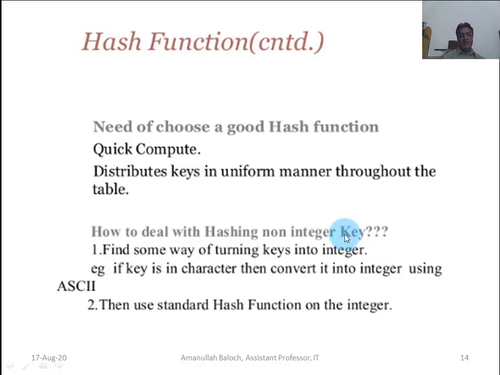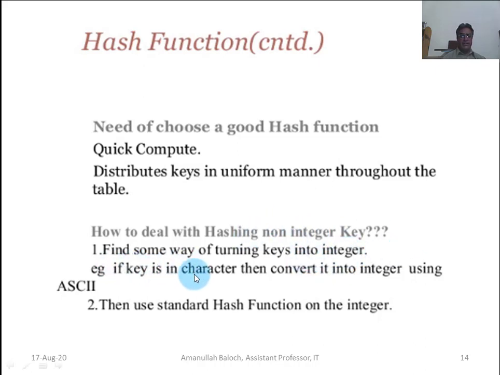Alphanumeric or alphabetic keys are called non-integer keys. We need to find some way of turning keys into integers. There is a way we convert those non-integer keys into integer form.